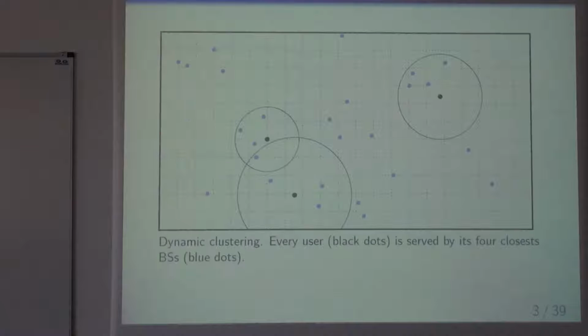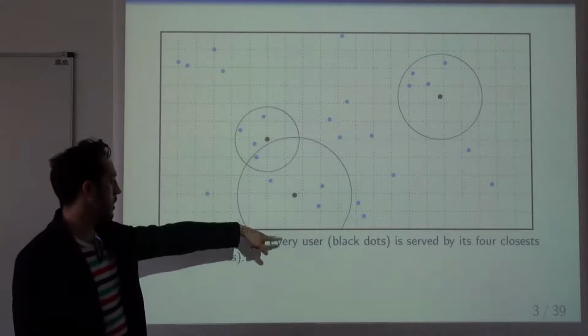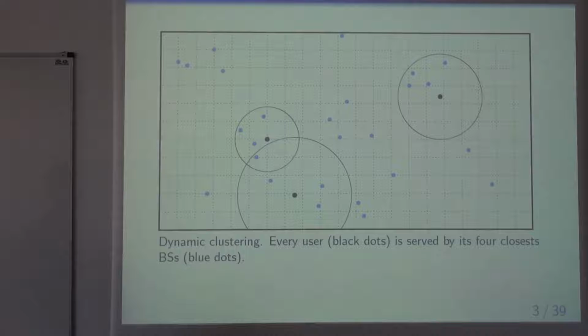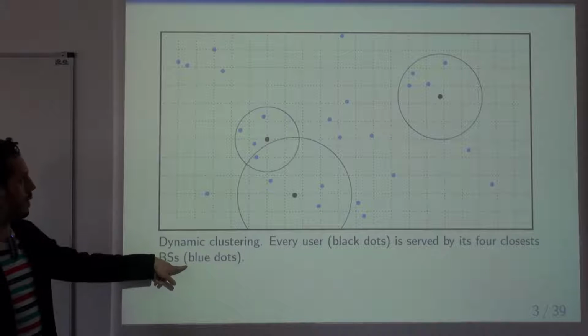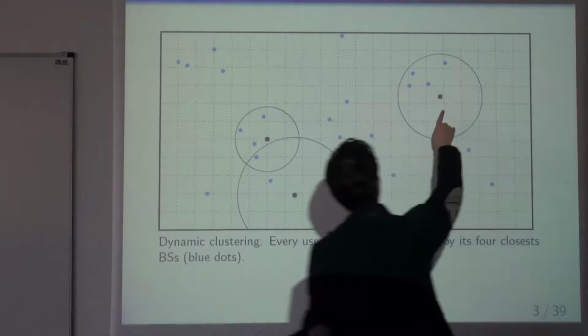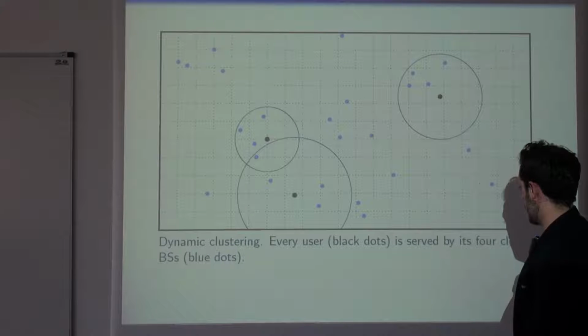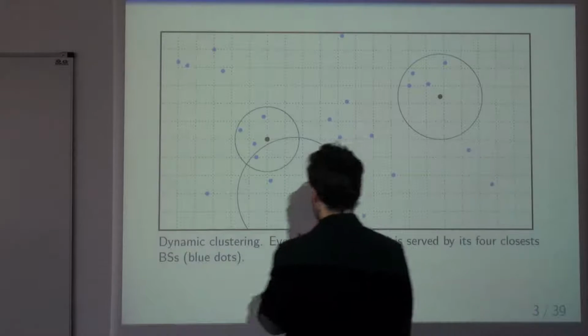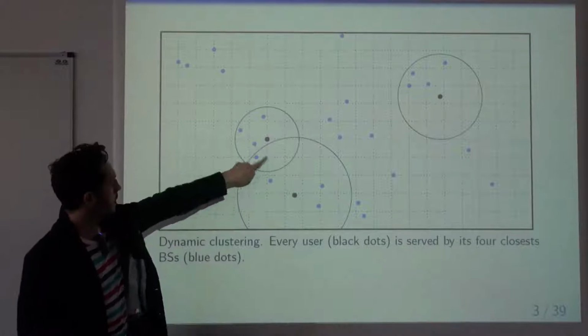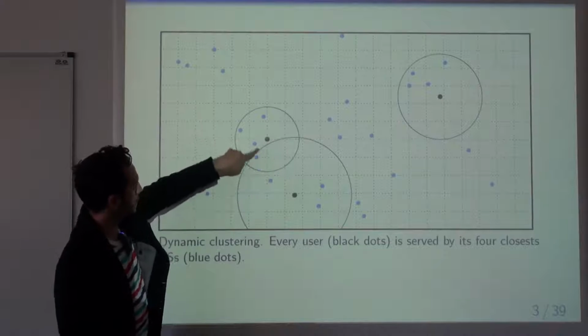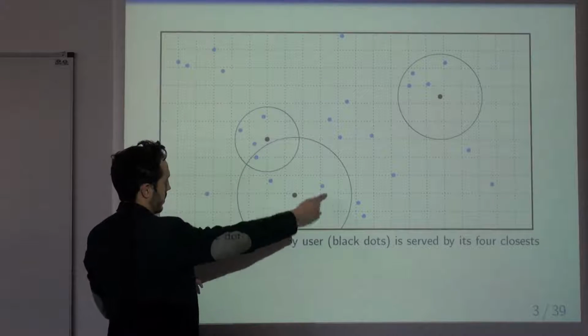For example, this is an example of a dynamic cluster where every user, the black dot, is served by its 4 closest base stations, the blue dots. For example, this one is going to be served by these 4 base stations because they are its 4 closest base stations. And these 2 users are going to be served by these 4 base stations and these 4 base stations.